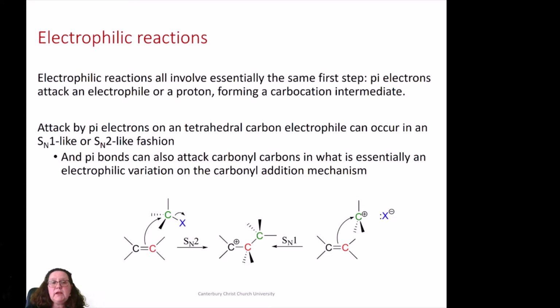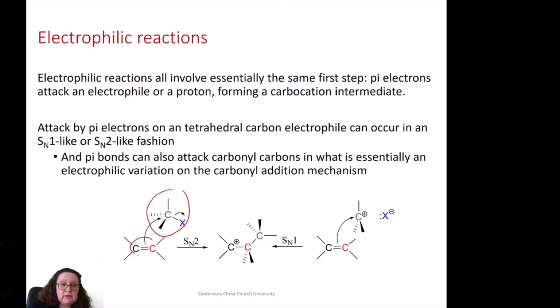When the pi electrons of a double bond attack a tetrahedral carbon, which is the electrophile, those pi electrons act as the nucleophile, and you have a nucleophilic substitution.